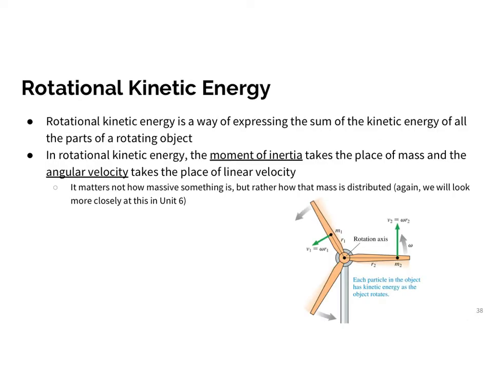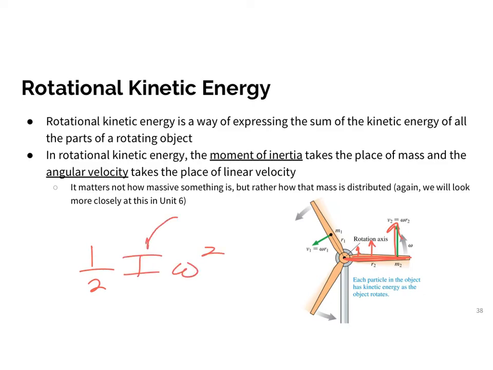And then rotational kinetic energy, that's just a way of expressing the sum of all. If I have this whole axis here, this area is going with some velocity, this area is going with a different velocity, this area is going with a different velocity, and the rotational kinetic energy is a sum of all of that. In rotational kinetic energy, remember this was 1/2 I omega squared.